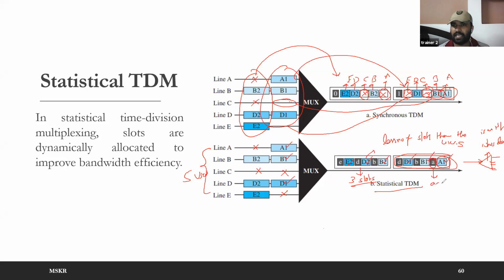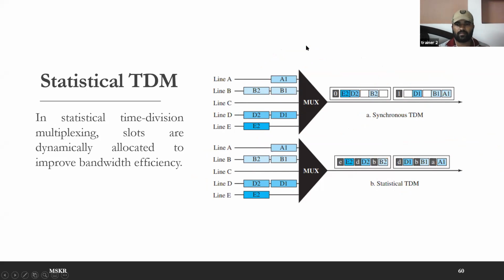This is an address. The address will help the receiving side demultiplexer identify whose data it is. Okay, so is it clear about this asynchronous TDM? Is it clear or not? Okay, good. I got 2 or 3 replies. Now let's see more about these things.